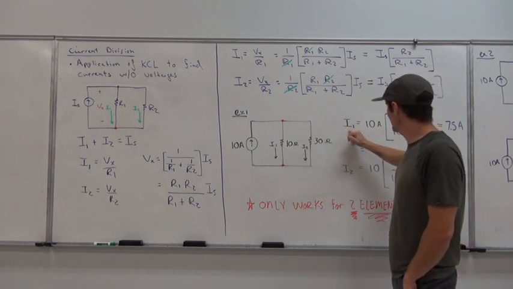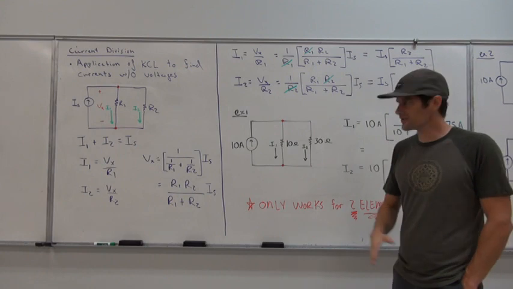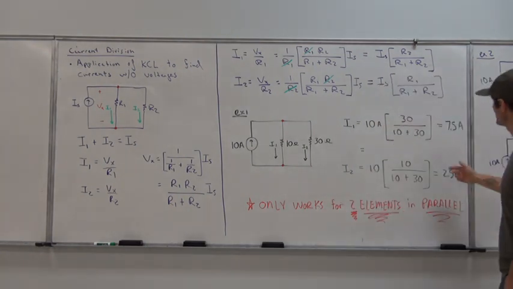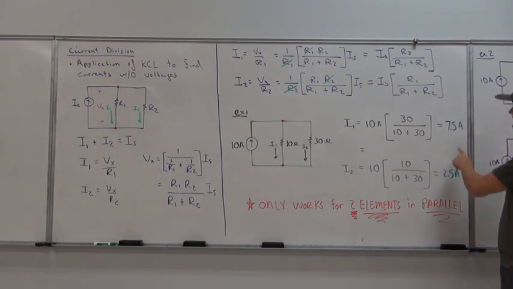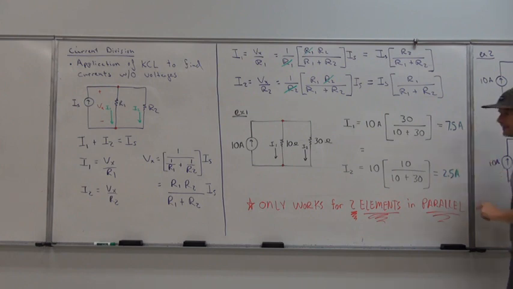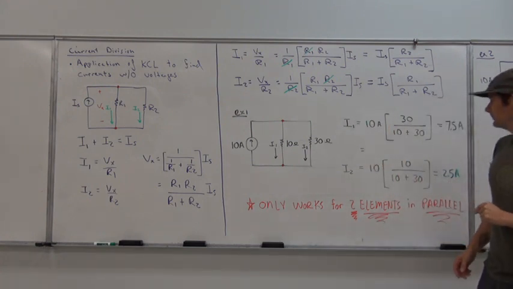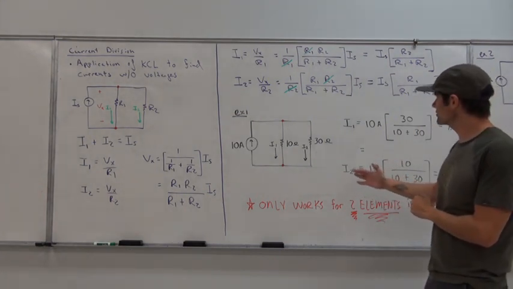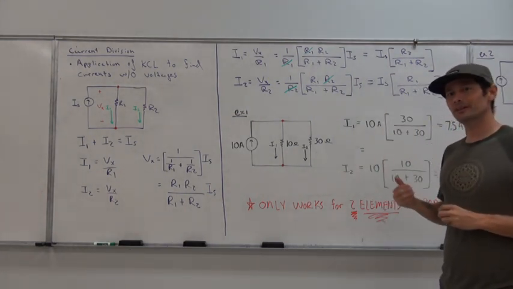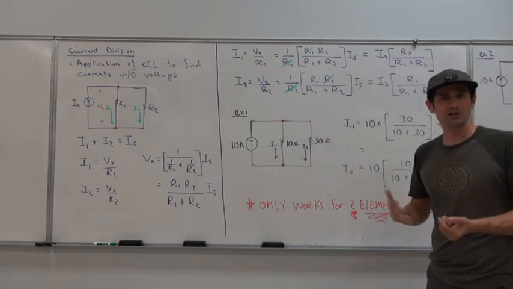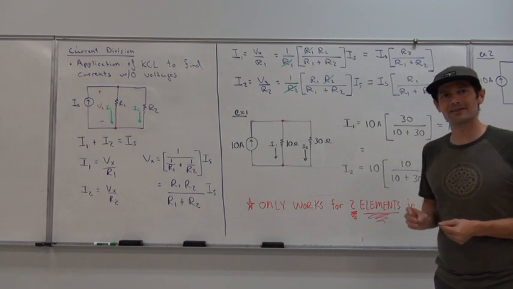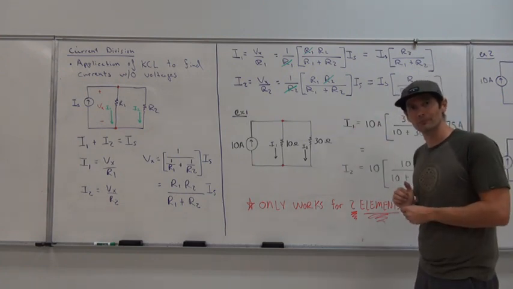And if we look at I1 and I2 after our calculations, that's exactly what we get. Sure enough, I1 has more current flowing, 75% of that 10 amps, so 7.5 amps, and I2, 2.5 amps. So that shows that the forms we developed for current division actually work and intuitively make sense in terms of their application.